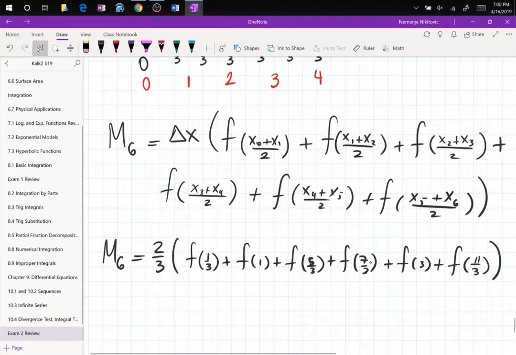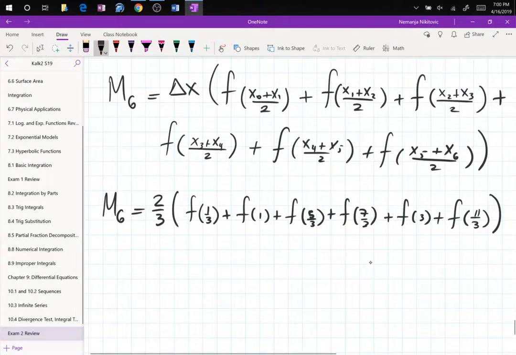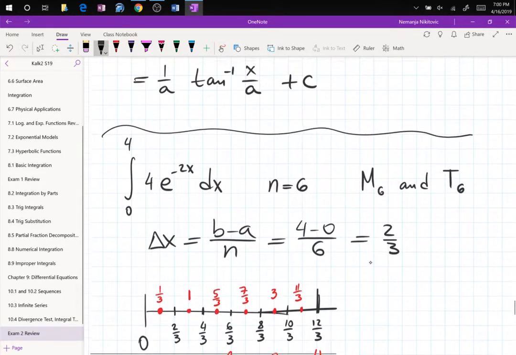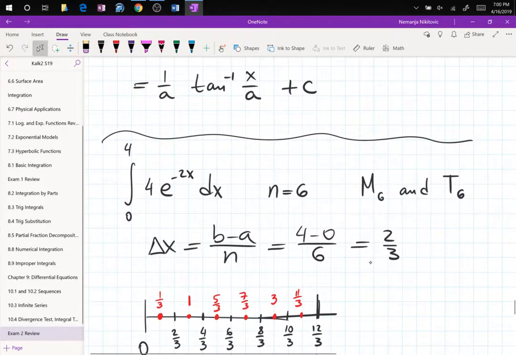Now f is unfortunately not really friendly, but this is actually designed for something like this. It is e to the negative... you know what? I'm going to take this 4 outside, so I'm going to worry about times 4 at the end.